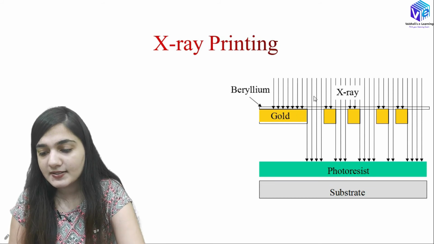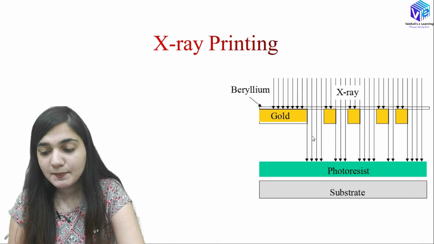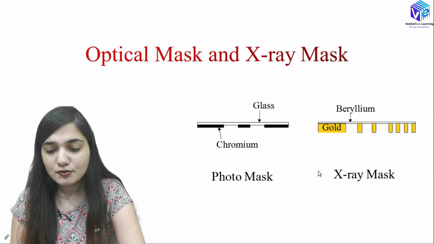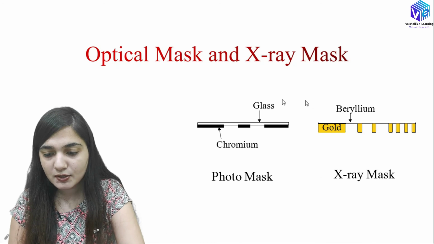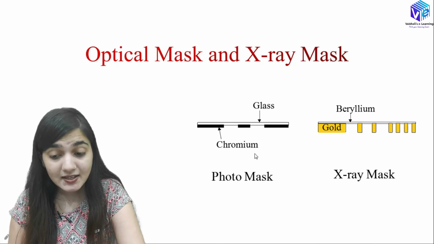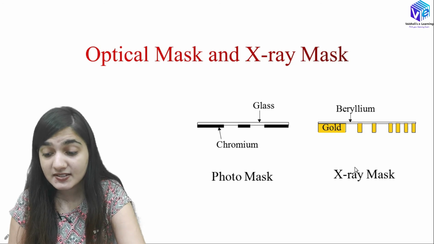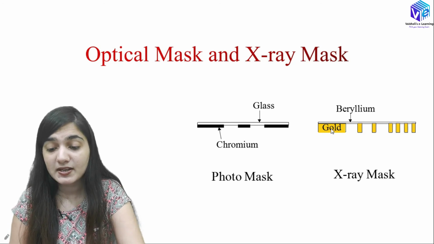Now here if X-rays are here, these are the mask. X-rays are reaching the photoresist after passing through this opening. So this is actually the X-ray printing. Now you can see I can use chromium as the mask coating in the photo mask, whereas in the X-ray mask I am using the gold and the beryllium coating.